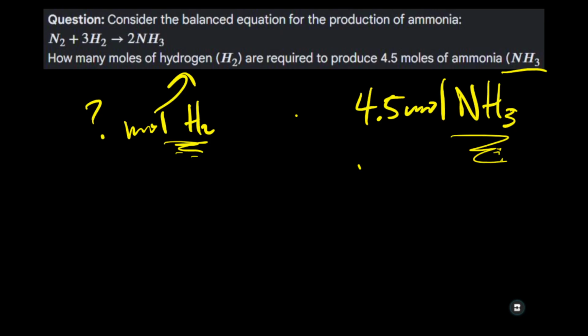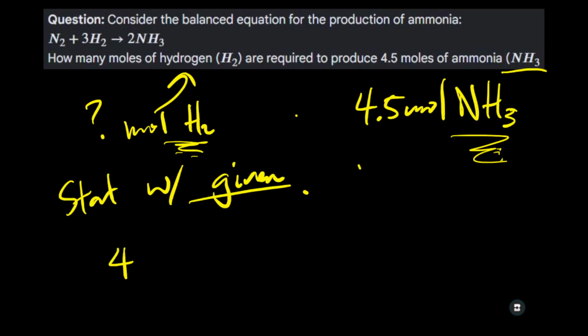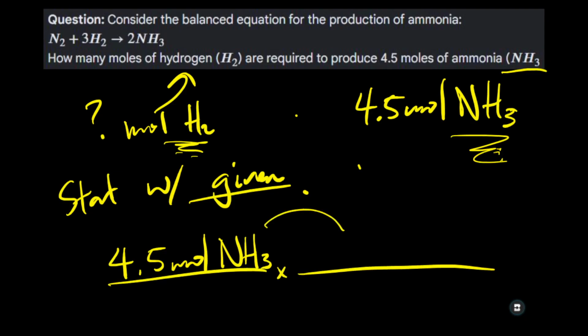So I'm going to start. You always start with your given. Okay, so always start with given. So we know there is 4.5 mole of NH3 times, and we're trying to convert it into number of mole for H2. Okay, so this is my setup. After you get to this point, we can finish setting this up.